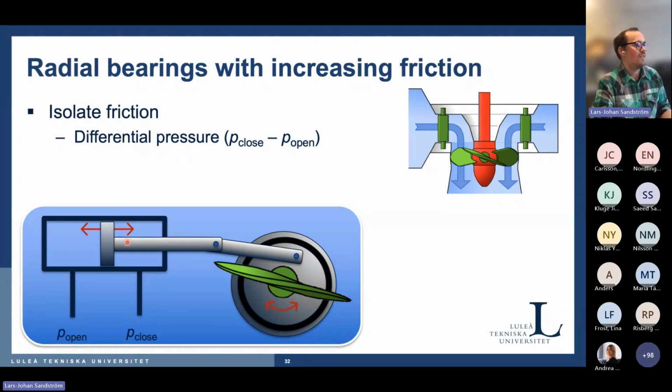So here you can think of the differential pressure as I defined it: the closing pressure minus the opening pressure. So the difference in pressure between the sides. And if this differential pressure increases over time, or the absolute value, it can mean that we need to put in more work or more force to move the runner blades, which could be an indication of increasing friction in the system.